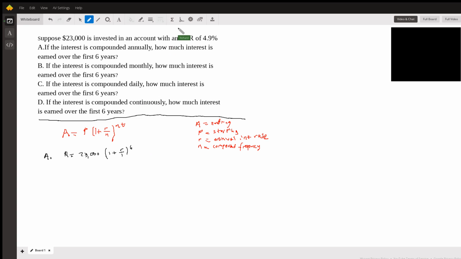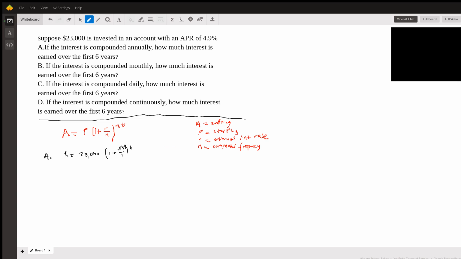Sorry, R, I should fill that in obviously. R is 0.049. That would be the annual rate.